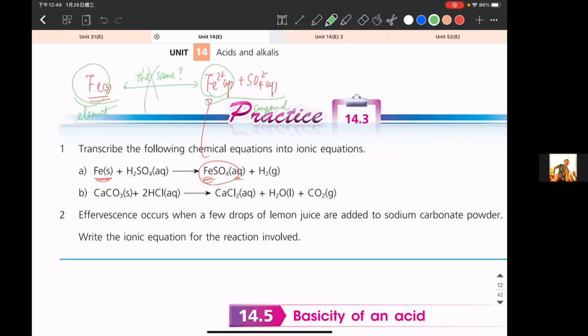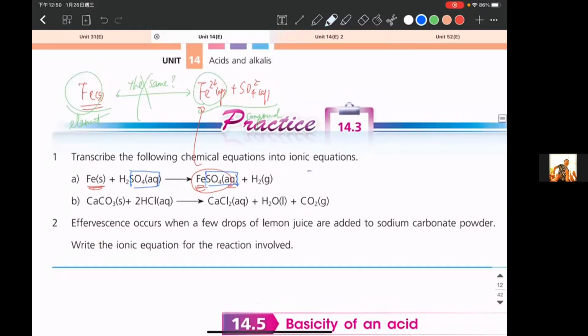Not the same. So remember, for this type of equation, you are going to check for the AQ first of all. Only by having AQ can the ions be split. So the answer is what? Fe solid plus 2 hydrogen ion to form Fe2+ and hydrogen gas.